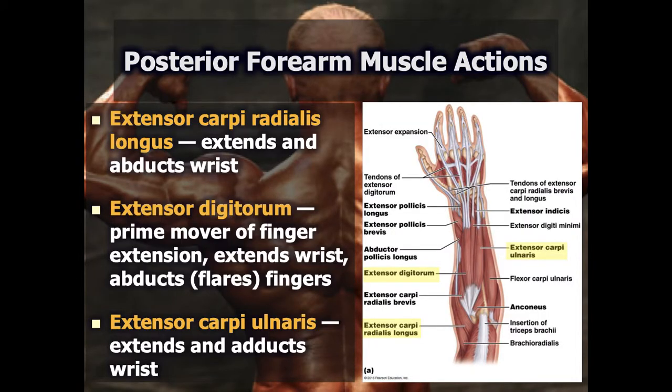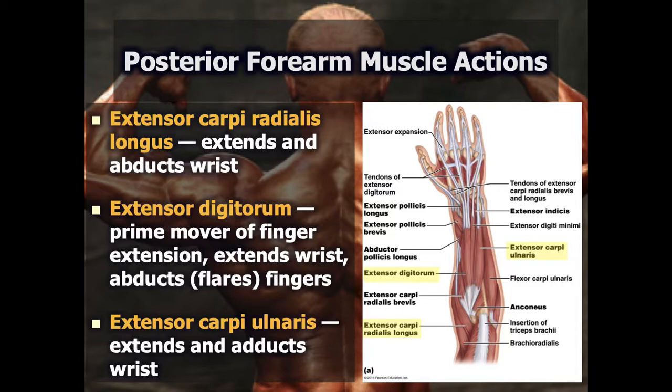Okay, so now we're in the posterior forearm muscles. So these are all going to be extensors. And again, we have extensor carpi ulnaris. He's going to be on the pinky side. Extensor carpi radialis longus is going to be on the thumb side. Okay, and then the extensor digitorum runs into the digits, into the fingers. Okay?